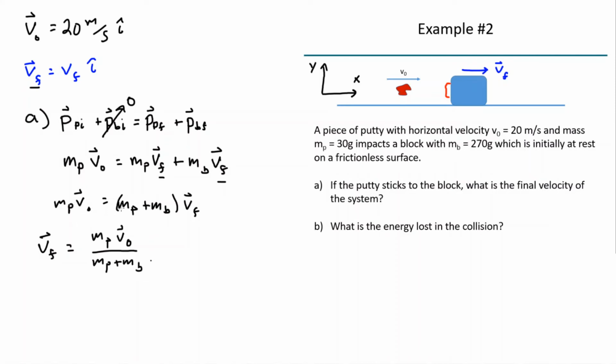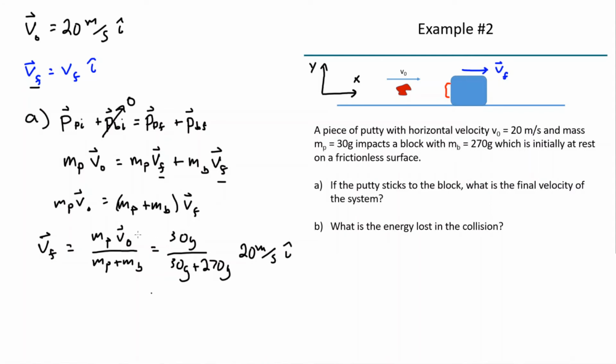If I solve that for V final, well, now I can just plug in my numbers. MP is 30 grams, so this is 30 grams over 30 grams plus 270 grams, and then this whole thing is multiplied by V initial, which is 20 meters per second i hat.